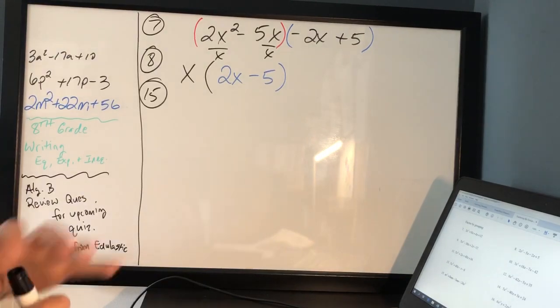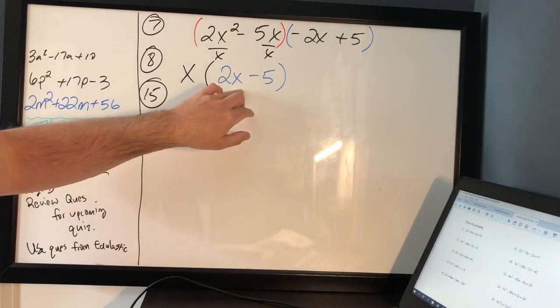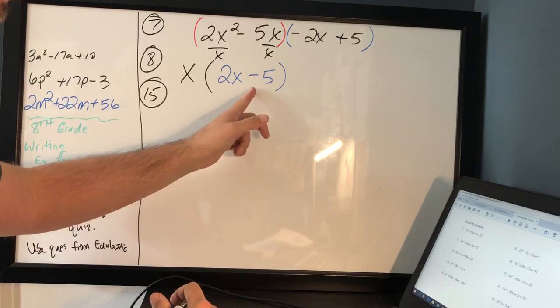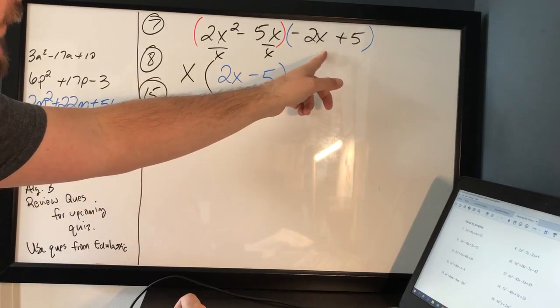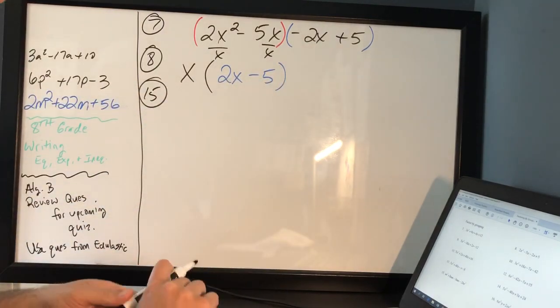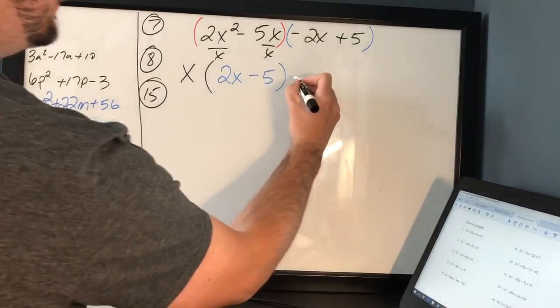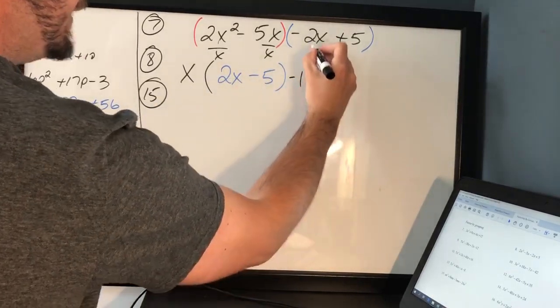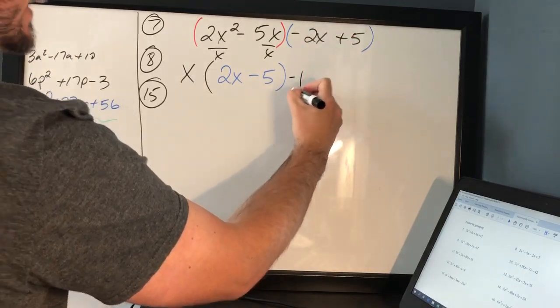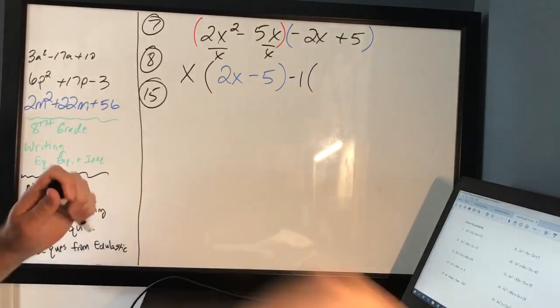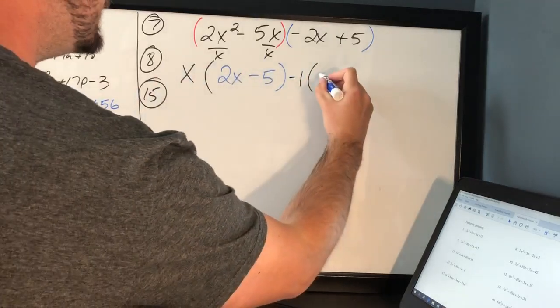Okay, so remember how I told you that in the previous problem, you want this to match the other thing. Well, 2x minus 5 is really close to negative 2x plus 5. What would I factor out to make this match this? Well, we would factor out a negative 1. Because if I divide negative 2 by negative 1, it gives me 2x.